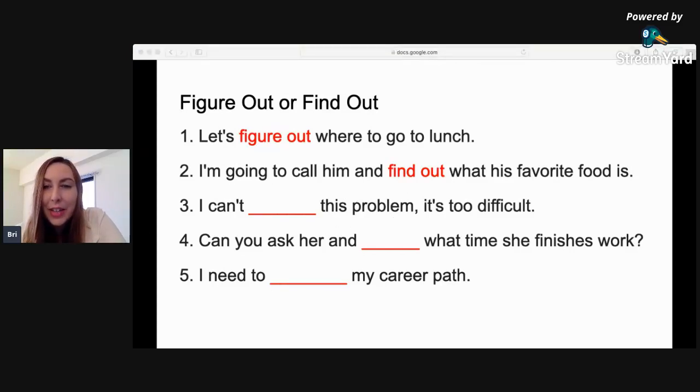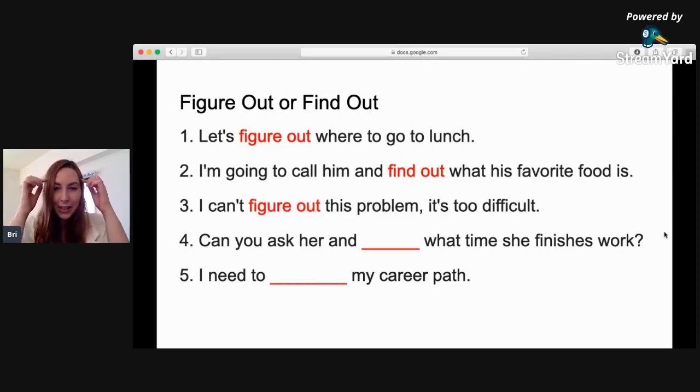I see figure out. Okay. I can't figure out this problem. It's too difficult. So remember, figure out means you're using a lot of brain power. It takes a lot of effort.